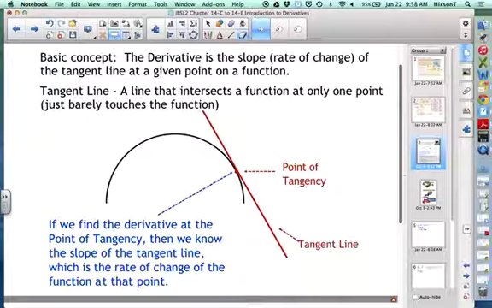You could think of it as though it just barely touches the function. Or if you had a ruler or something, you would just lay it on there, and whatever point it hit, that would be the tangent point. Okay? The point of tangency is the technical name for that point. Alright? But here's the thing. If we find the derivative of the function, and then we evaluate it at the point of tangency, we know the slope of the tangent line, which is the rate of change of the function at that point. Okay?